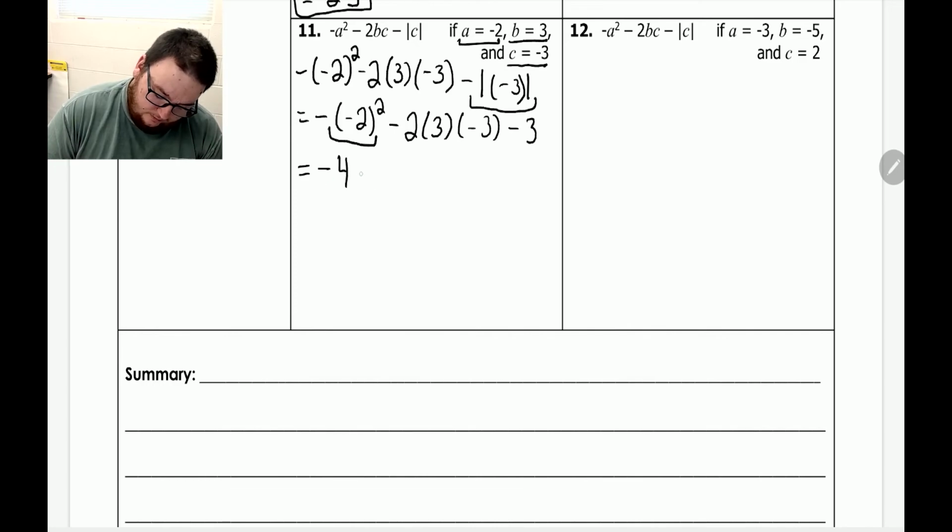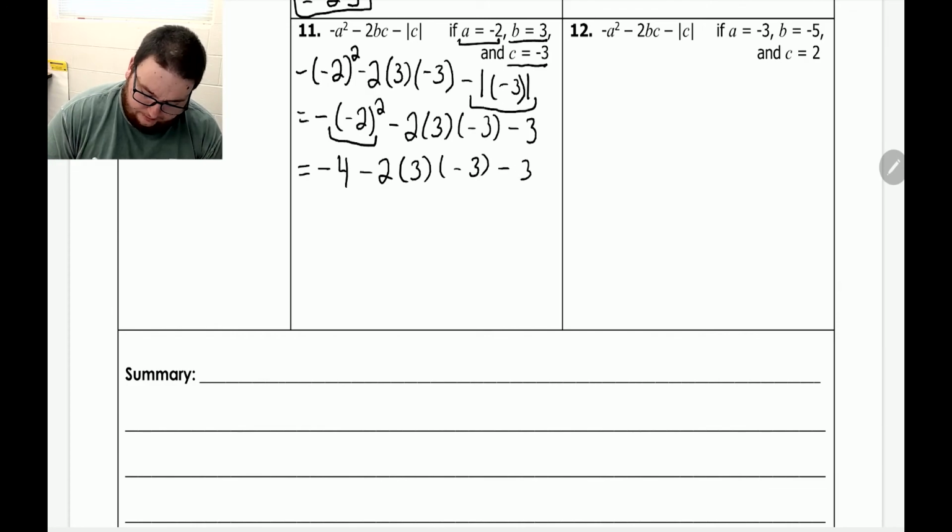So we have negative 4 minus 2 times 3 times negative 3 minus 3. So the next step that we do is this multiplication here. So we have 2 times 3 times negative 3. So we have negative 4 minus 2 times 3 is 6. 6 times negative 3 is going to be negative 18 minus 3.